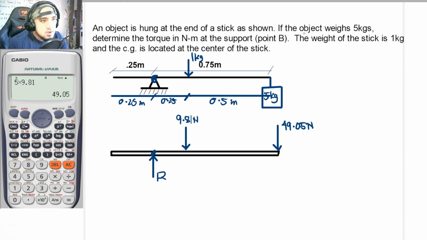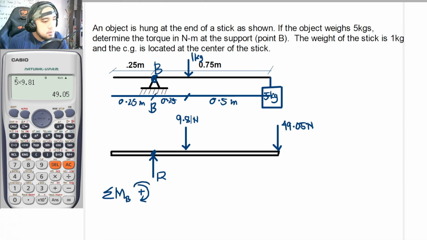Okay, so with such, since we are now to determine the torque in Newton meter, we would now be getting the summation of moment about point B. So if this is point B, summation moment B. Let's say that it is clockwise positive.